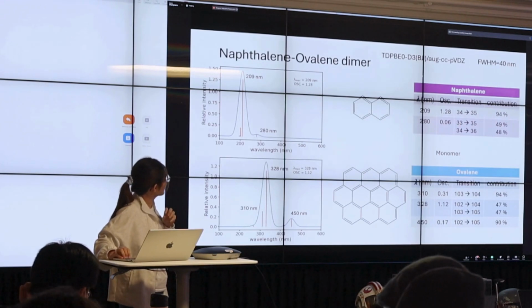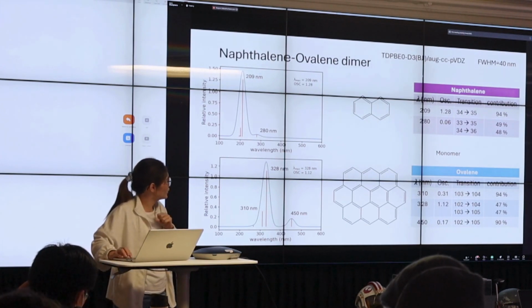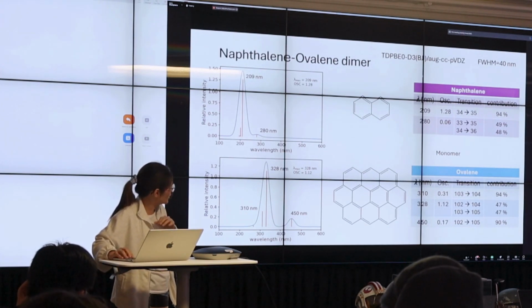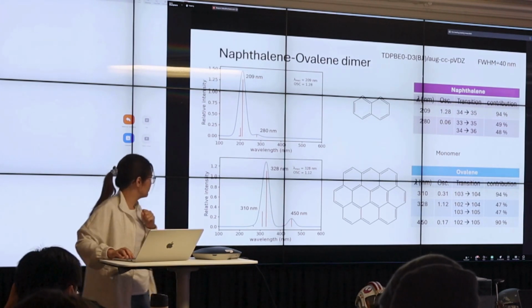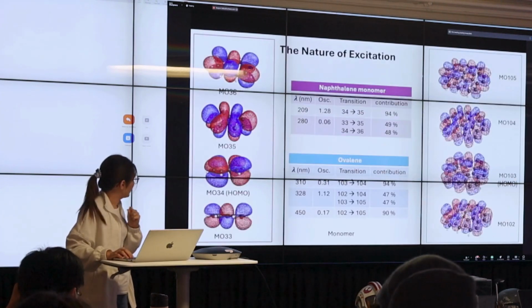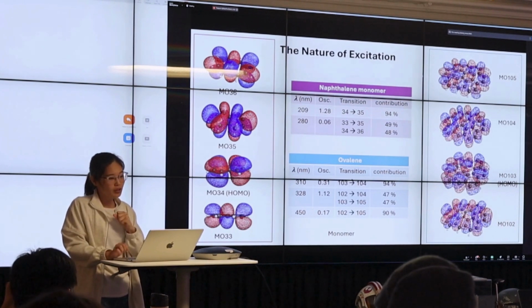Then for the naphthalene and ovalene complex, I also have to do the calculation for ovalene alone to first see how its spectra look before it forms a complex with naphthalene. This just shows the orbitals of the free molecule.